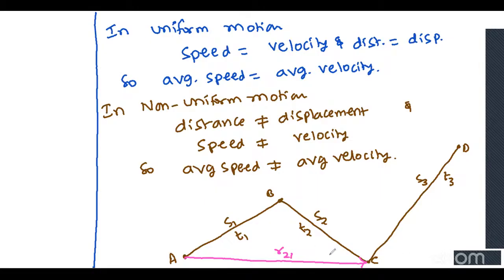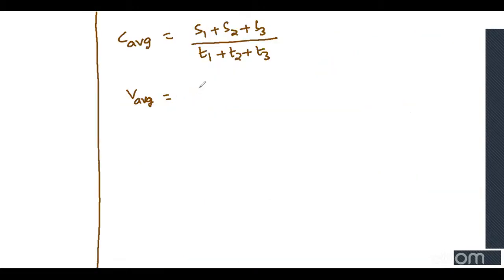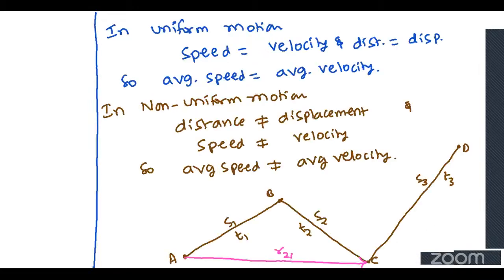So the total displacement means R21 plus S3, divided by the time taken from A to D. This page is completed; you have to write it down.